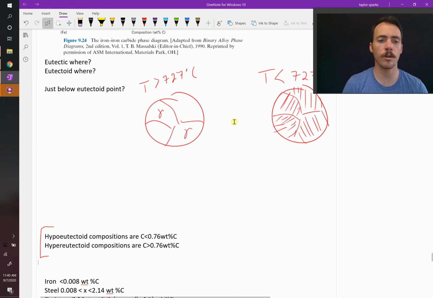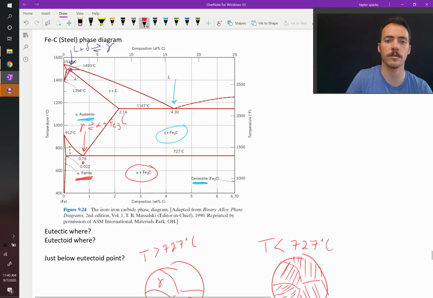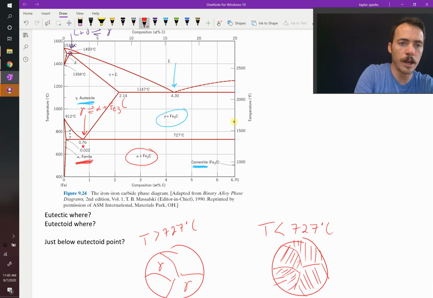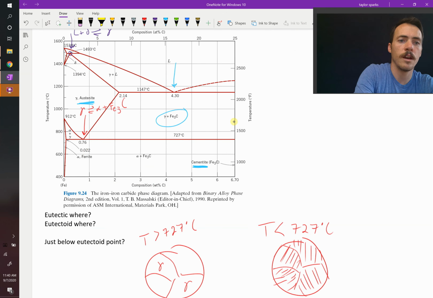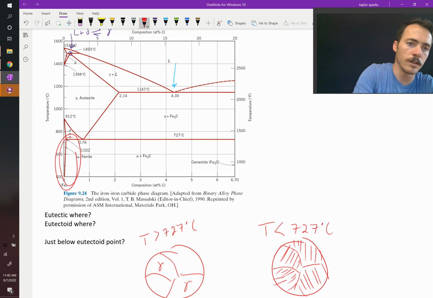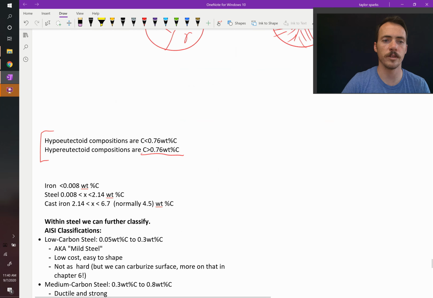So hyper means you've got too much carbon, so those are going to be greater than 0.76 weight percent carbon, right? So your hypereutectoid steels are going to be over here on the right-hand side. And then to the left, you've got your hypoeutectoid steels over here, okay?